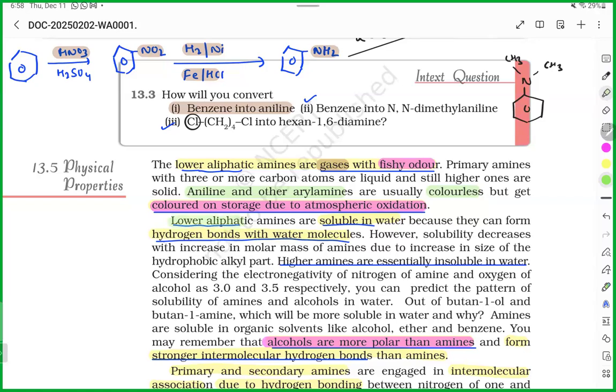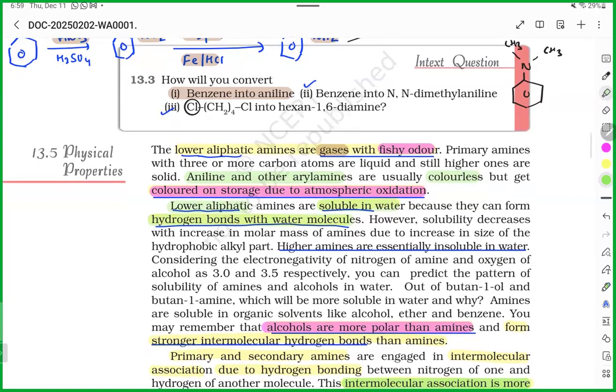Lower members are water soluble because they can form hydrogen bonds with the water. But for higher members, as mass increases, solubility will decrease, right? Alcohols are more polar than amines. Why? Because they can easily form ions. And of course, you know they have extremely strong hydrogen bonding compared to amines.